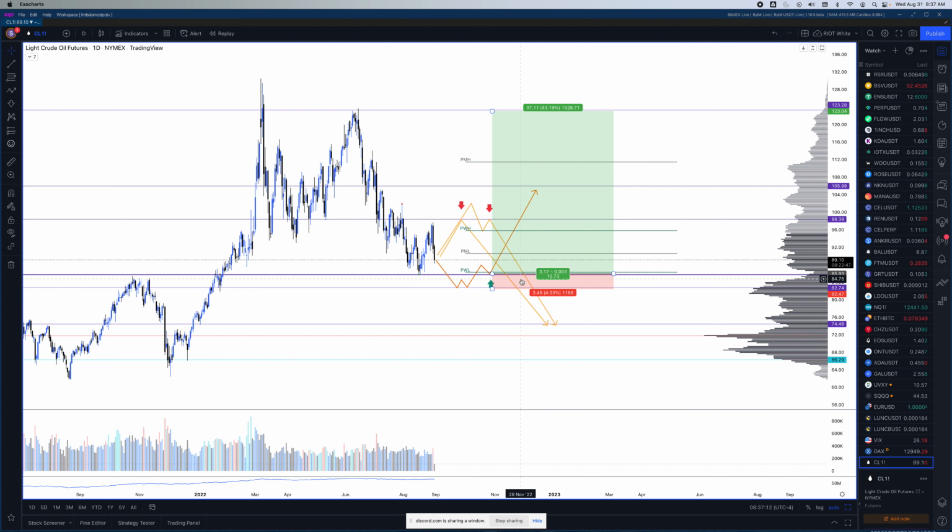If I get stopped, then maybe I look to re-enter. And if it doesn't bounce and I just miss this, if it just blows through this, then this would be your entry over here.